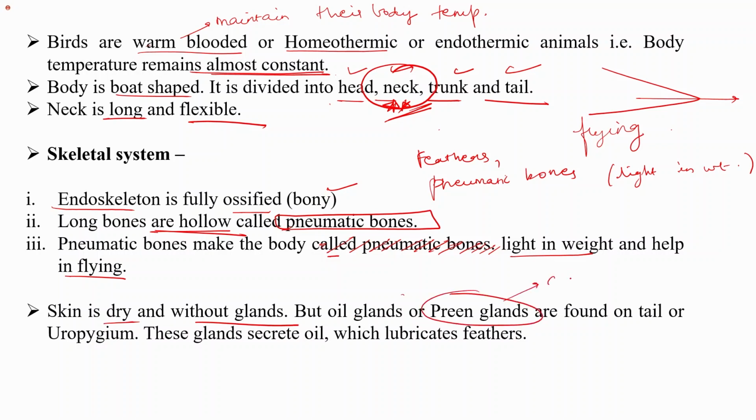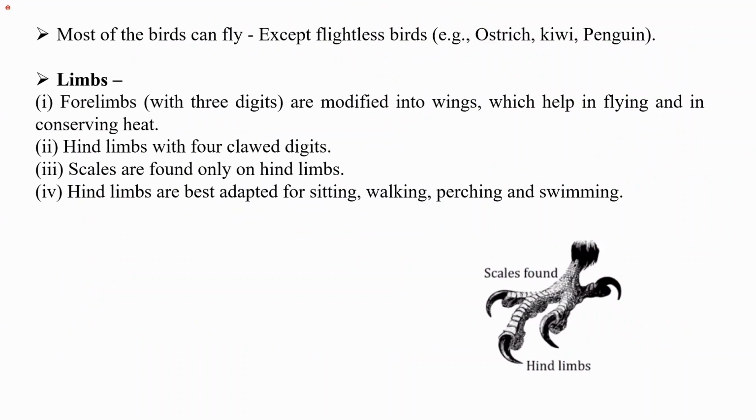These are known as the preen glands. They secrete oil, and they are found on the tail or on the uropygium. These glands secrete the oil that lubricates the feathers, and the process is known as preening. So lubrication of feathers helps the bird in avoiding friction.